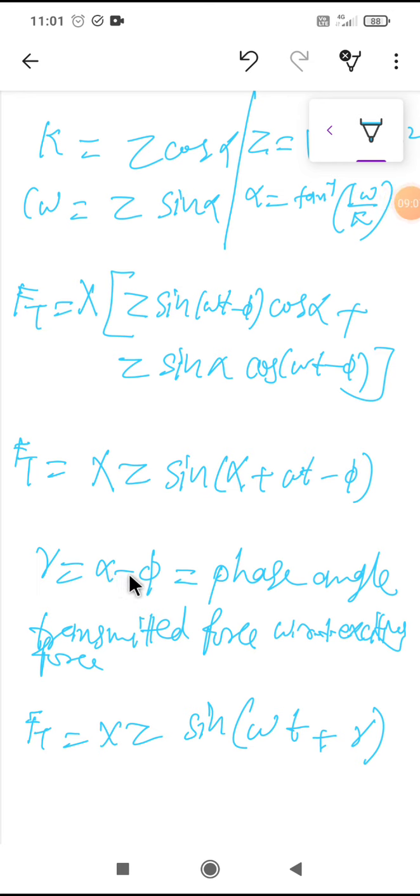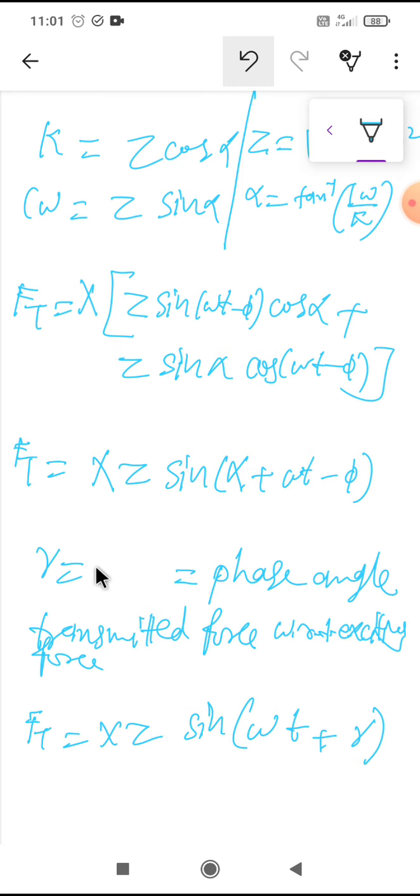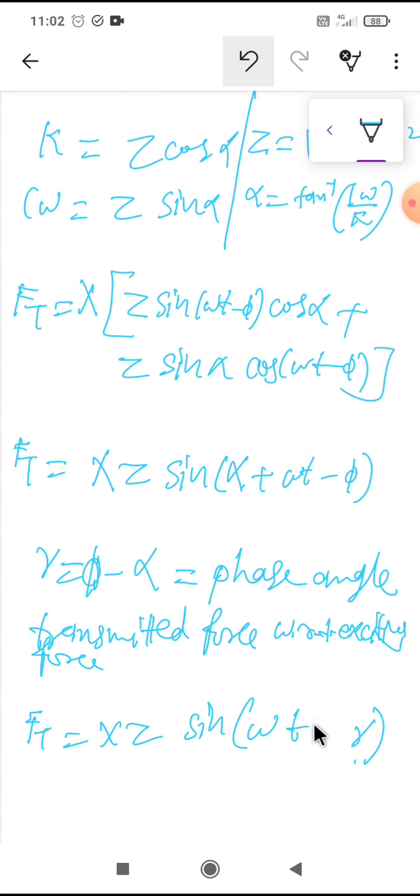I will take the opposite, that is phi minus alpha, there is a difference, so here I will get omega t minus gamma. For phase difference we generally use a negative sign, therefore omega t minus gamma. So this is the force transmitted.